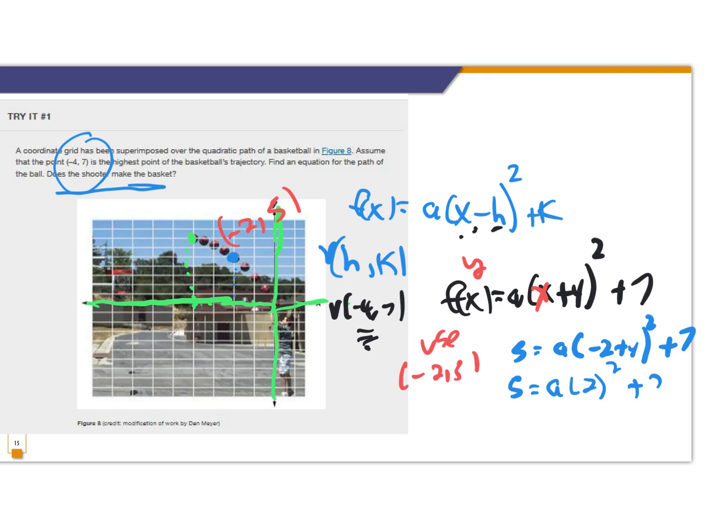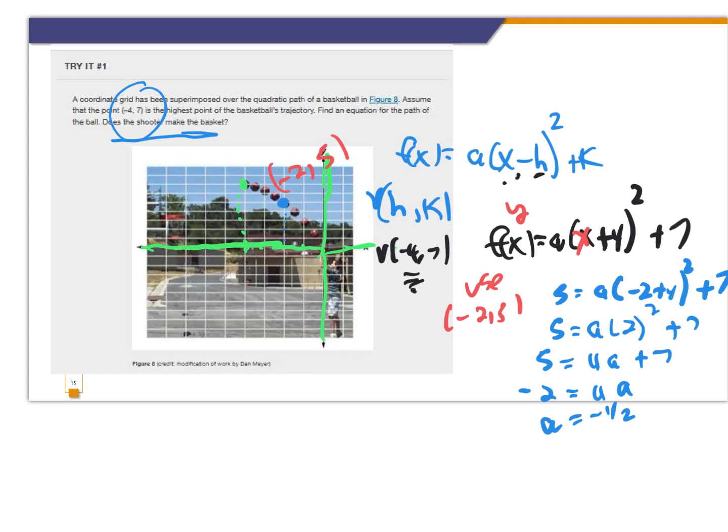So that gives me 5 equals 4a plus 7. I just switched them around. Subtract 7 from both sides. That gives me negative 2 equals 4a. Divide both sides by 4, and I get a is negative 1/2.